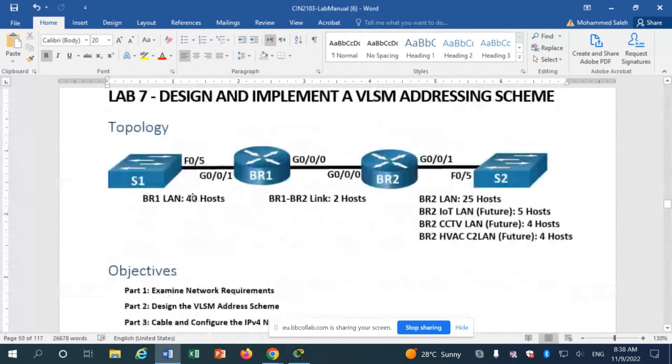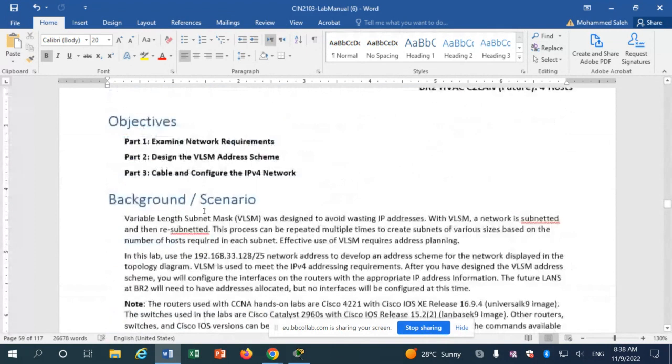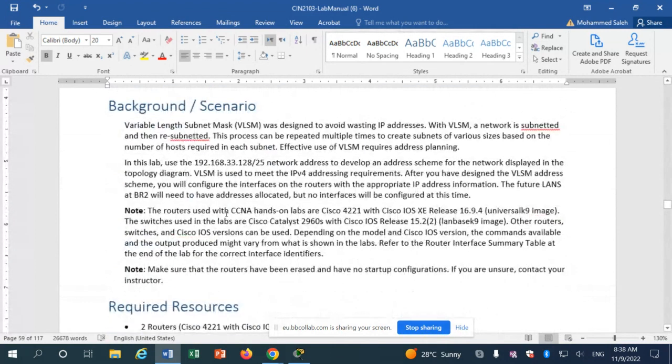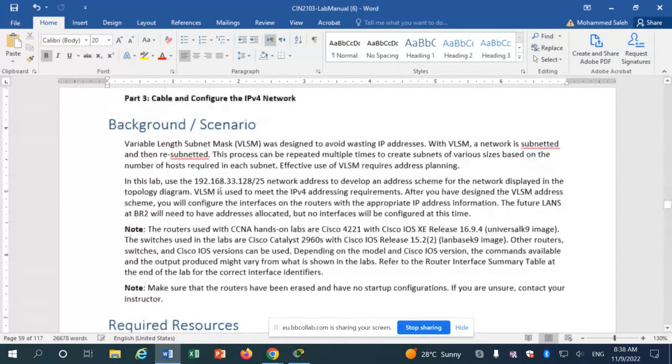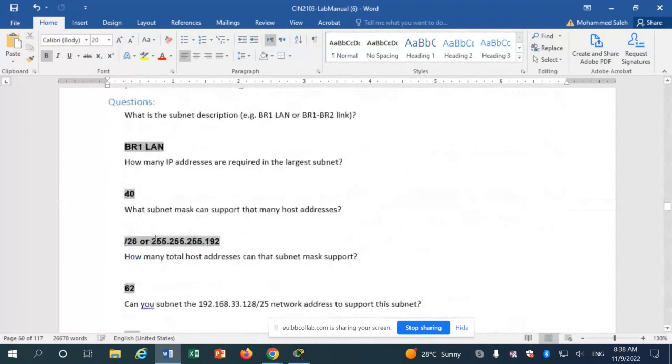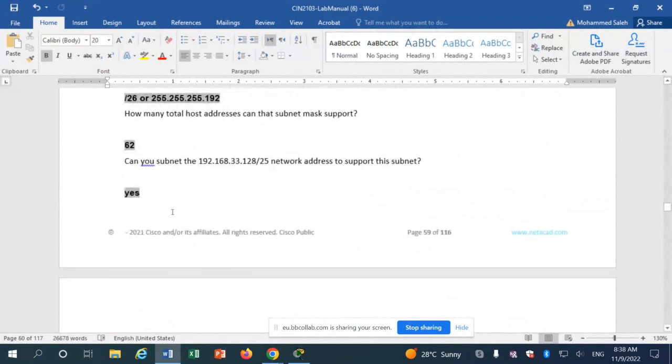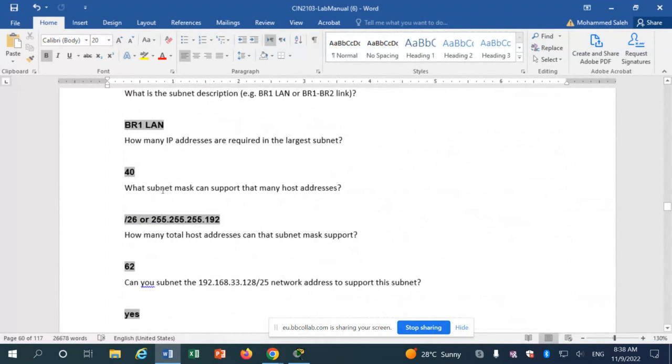So what's the IP address that we are subnetting? 192.168.33.128/25. So for the first one, we need 40 hosts.